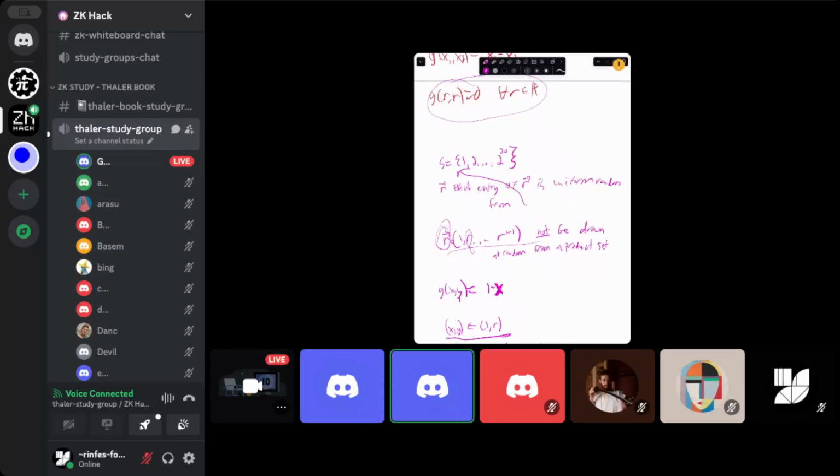Well, for Poseidon hash, you can take a tensor product of this S, and that would work for Schwartz-Zippel.